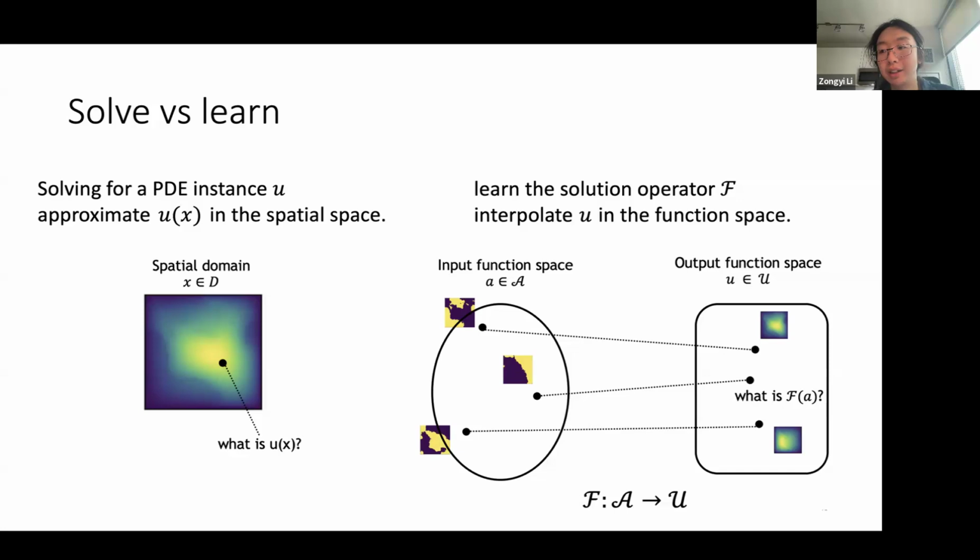In this sense, it will be a lot faster because we don't need to resolve all the derivatives to solve the equations. For example, if we need to resolve a domain, maybe we need a 1000 by 1000 grid. But to do the statistical inference, we just make sure the interpolation is fine enough. Usually it could be reduced to a 100 by 100 or 50 by 50 grid.